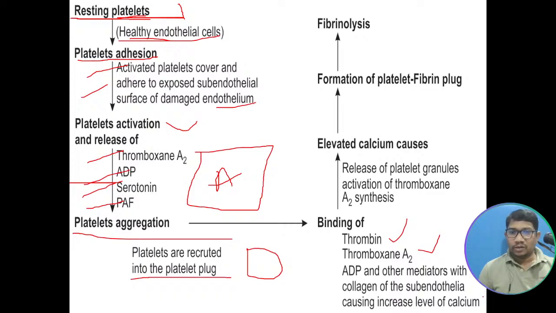ADP and other factors, along with subendothelial collagen, cause an increase in the calcium level. Calcium also brings about more aggregation of platelets. So the increased calcium level leads to formation of the platelet fibrin plug.